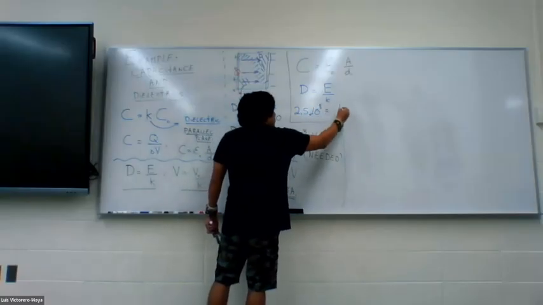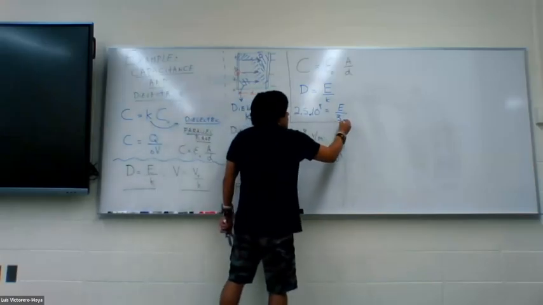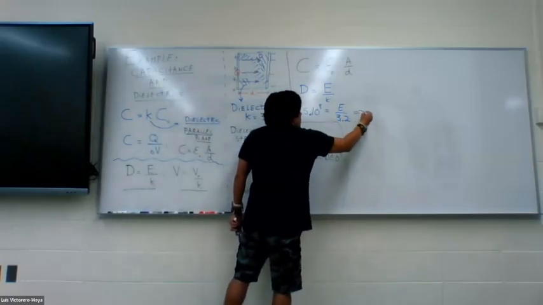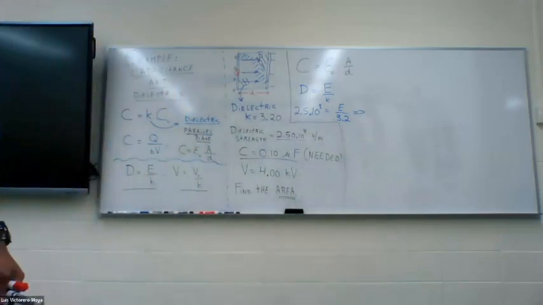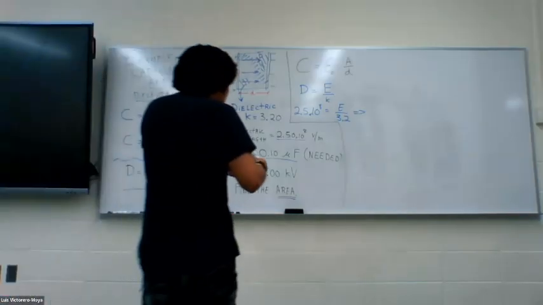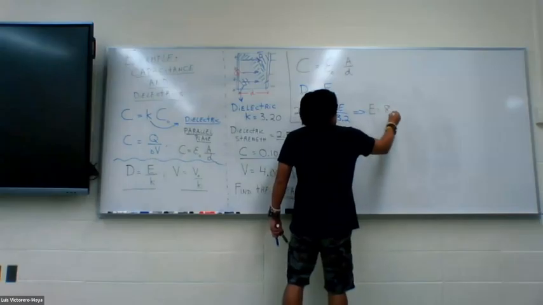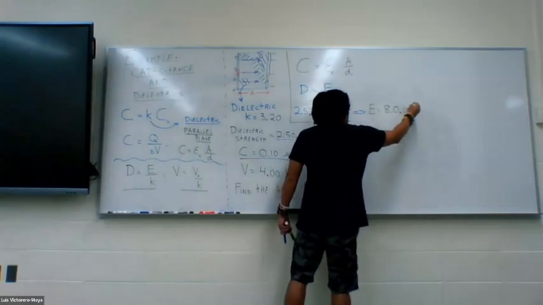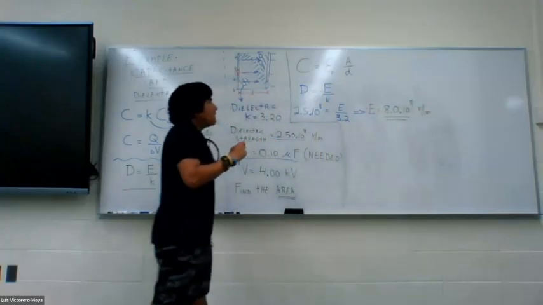I want the electric field, and I have this K. And that's how you find the electric field, by using that relationship. So let's see here. The electric field, if you do the math here, is 8.0 times 10 to the 8 volts per meter.